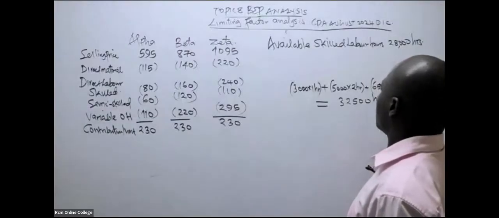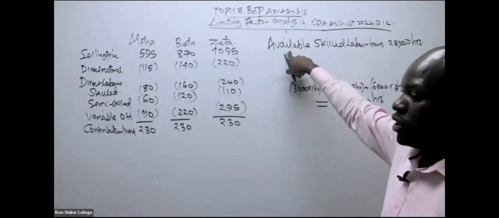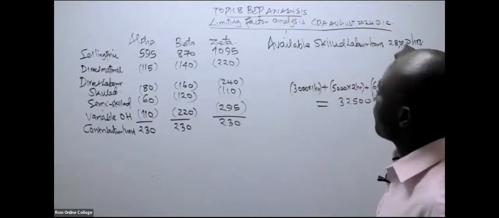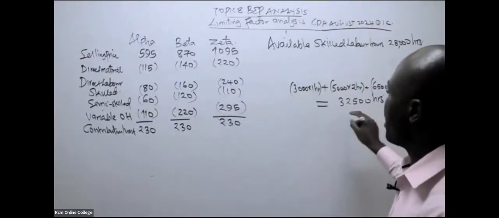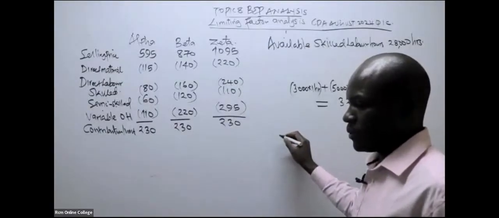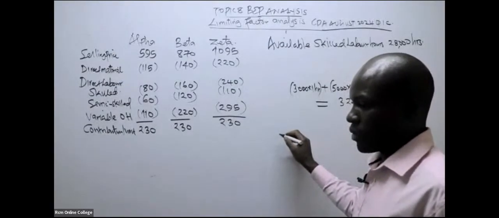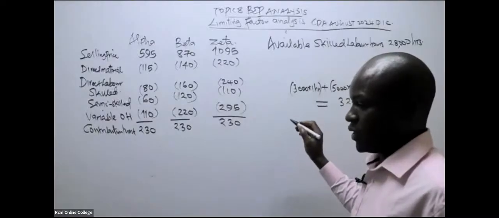32,500 hours. So if what the company can pay for is 28,000 hours, and to fulfill what is demanded you need 32,500 hours, do we have surplus or deficit? We have a deficit, right?